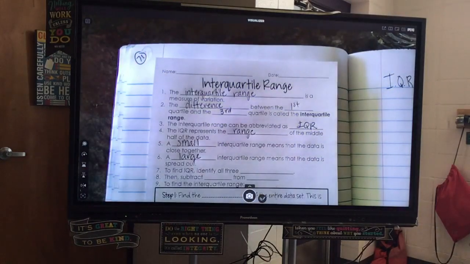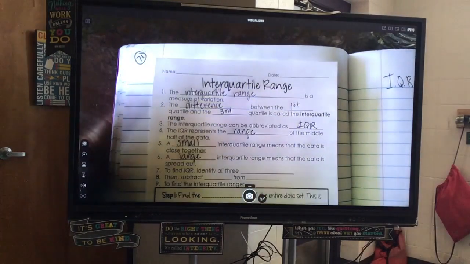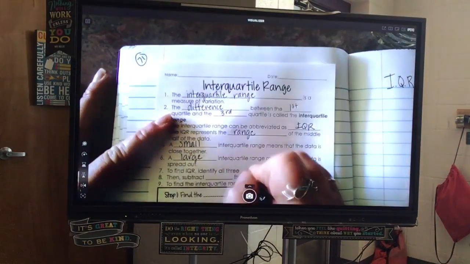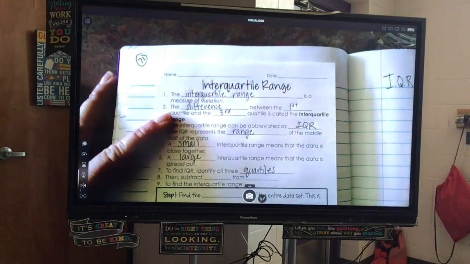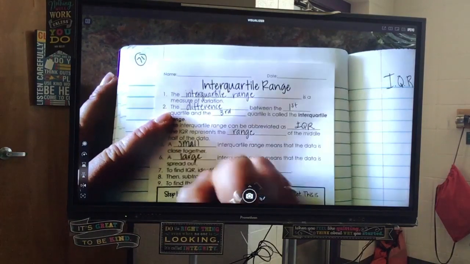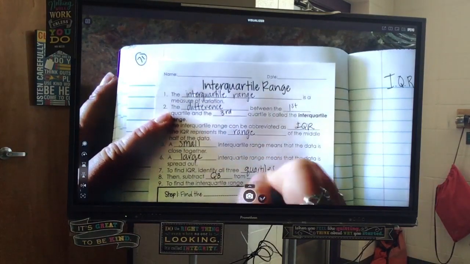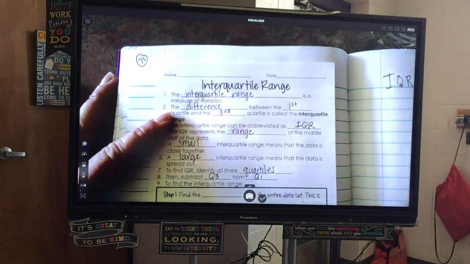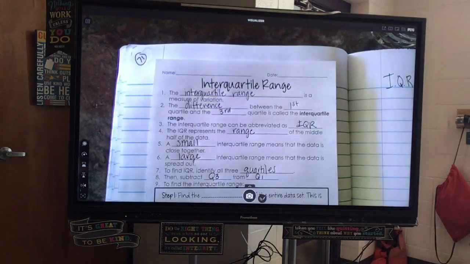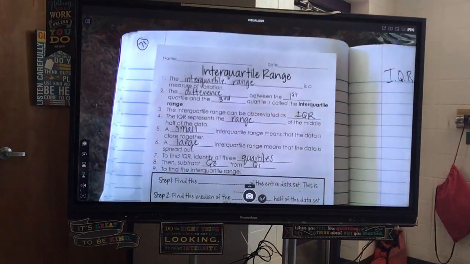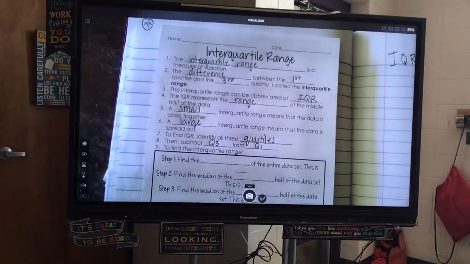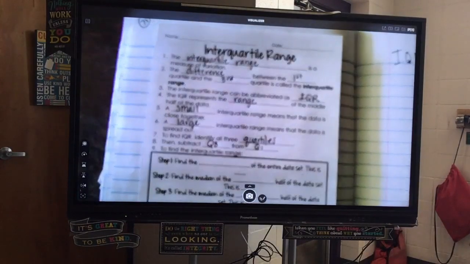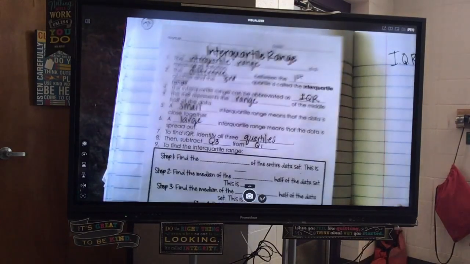To find IQR, identify all three quartiles, then subtract Q3 and Q1, and then that is how you find it. I know it's backwards, just leave it alone. You know exactly what I mean. Alright, so steps 1, 2, and 3 we are going to fill out, and we are going to complete.